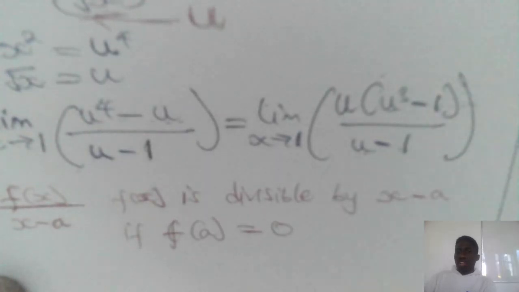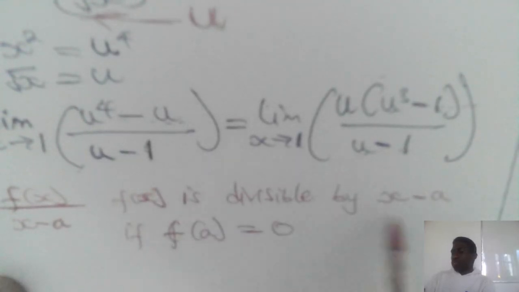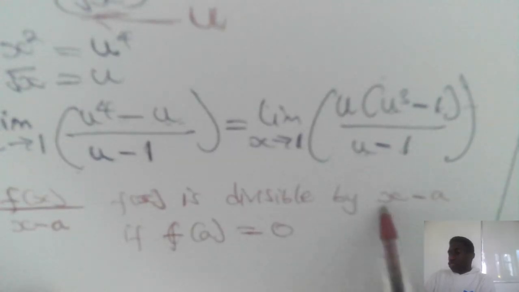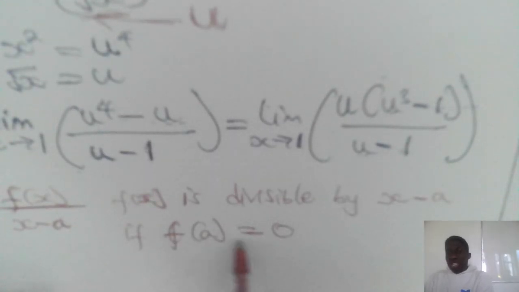So the explanation here is that f of x is divisible by any function of the form x minus a if f of a is equal to 0.